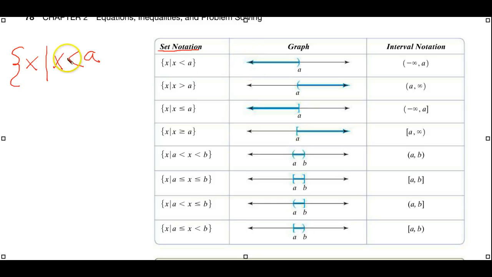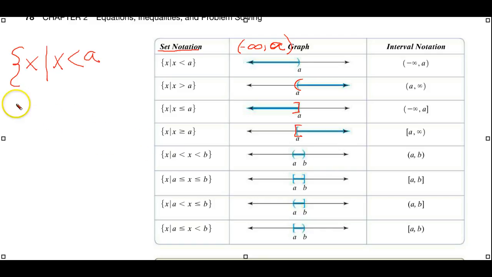Notice the direction of the point toward the left, and in interval notation it's coming from negative infinity up to, in this case, letter a, and then a parenthesis. If we flip the sign and it's greater than, the parenthesis faces to the right. If a is included in the set, less than or equal to, it's a bracket to the left. If it's greater than or equal to a, it's a bracket to the right, and interval notation follows.